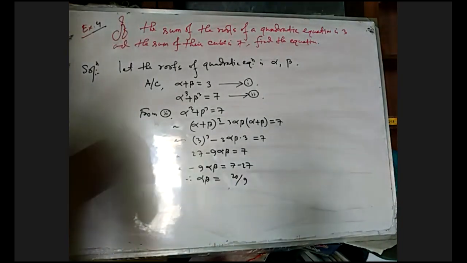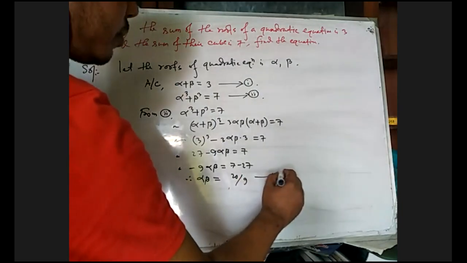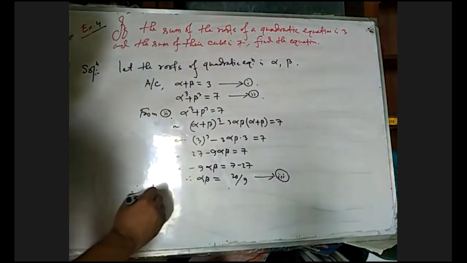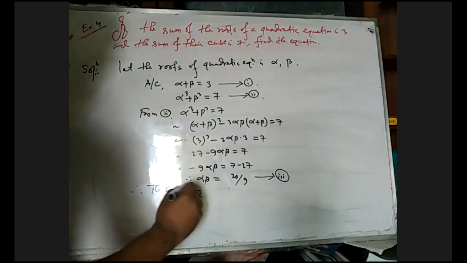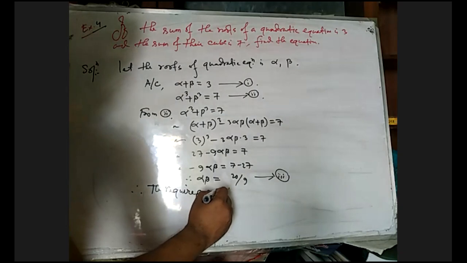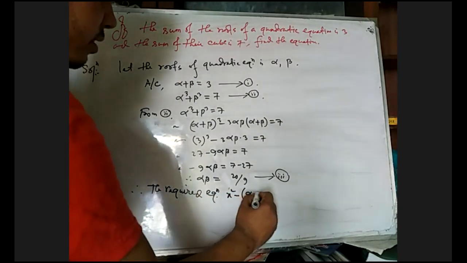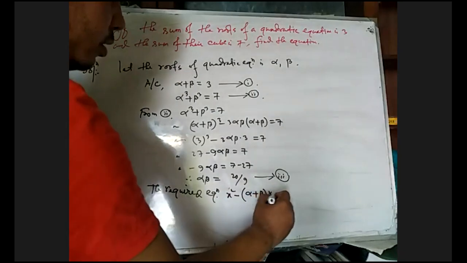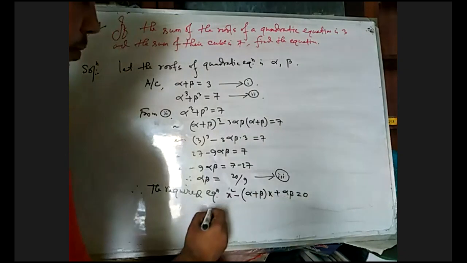So sum of the roots is equation number 1 and product of the roots is equation number 3. Therefore the required quadratic equation is x square minus sum of the roots into x plus product of the roots equals 0.